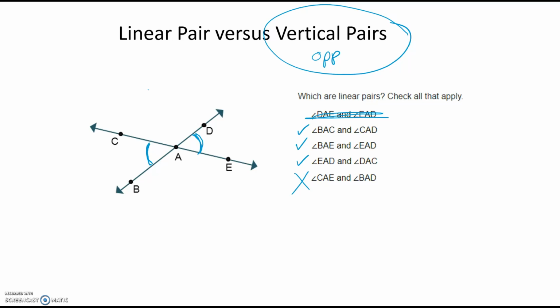Well, we have another pair of vertical angles. We have CAD, which is marked in green, and the other angle in our vertical pair is BAE. And you can see that pair marked in green.